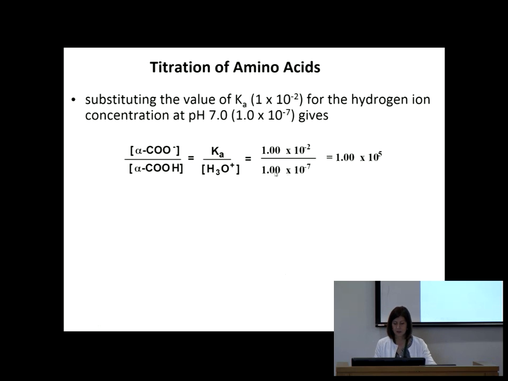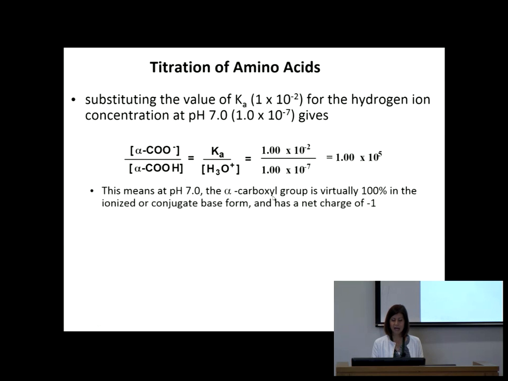Nothing new here. So here, pH 7 gives a hydronium ion concentration of 1 times 10 to the minus 7. So by doing this math, we can see that there's a ratio of 1 times 10 to the 5th to 1 of base to acid. That means we have 10,000 times more base than we do acid.